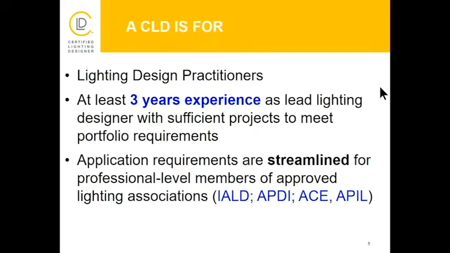Now, the application process is something I'm going to mention today, but I'm not going to go into too much detail, because in a week's time there's going to be a further presentation that dives much deeper into that application process. So I'm just going to talk in general terms today. If you're interested in getting your application in, and let's face it, we're all sitting at home with not a lot to do, so now's a really good time to do it, then next week there'll be a really good presentation to explain that to you in a lot more detail.